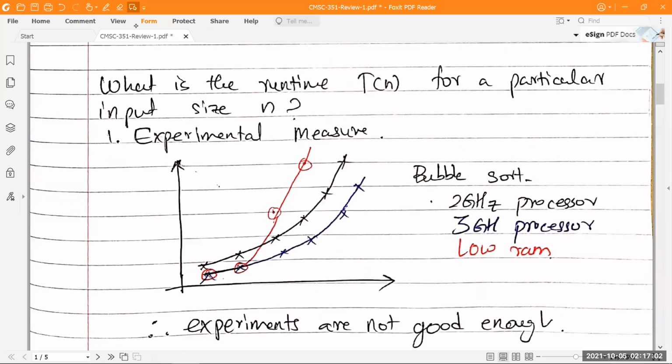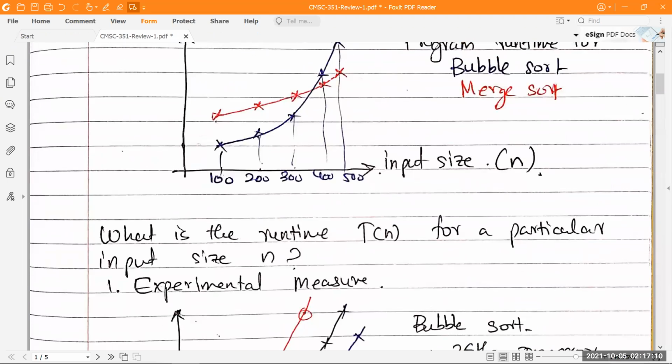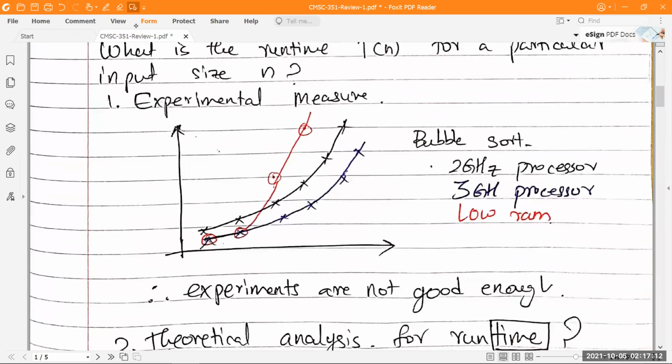So the problem is, what is the T(n) for a particular input size n to do experimentally, but there is a small problem. Let's say we are just focusing on bubble sort in the second graph, we are going to run it on 3 computers. One computer with a 2 gigahertz processor, another with a 3 gigahertz processor, and another computer with a little amount of RAM. So let's say the first two have an equal, higher amount of RAM, and the third computer has a small amount of RAM.